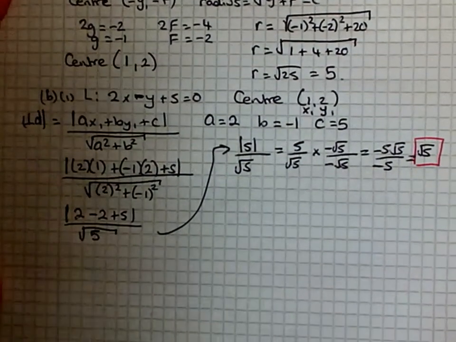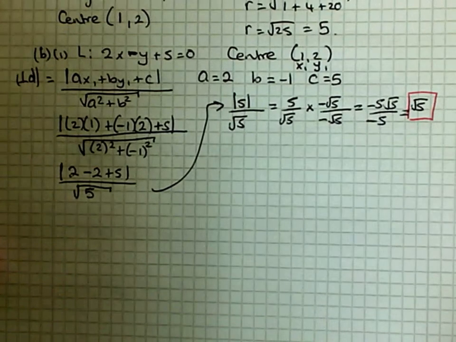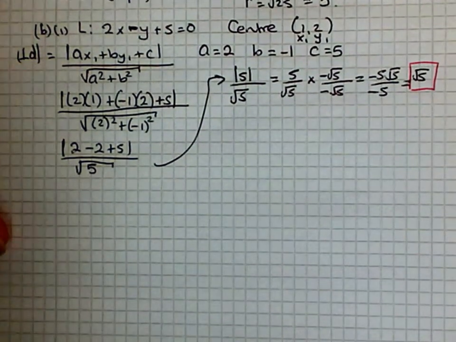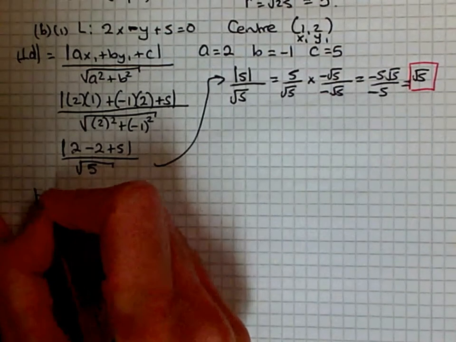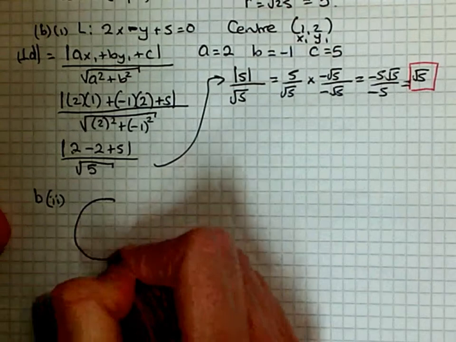Now B part 2 leads on from this, and it says, hence or otherwise find the length PQ in surd form. So we were already told that we have a circle C1.